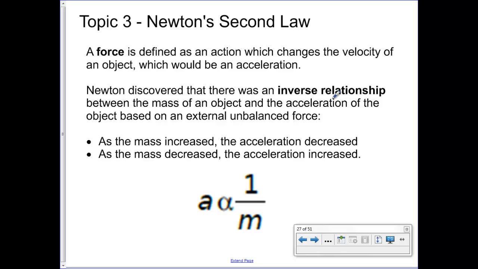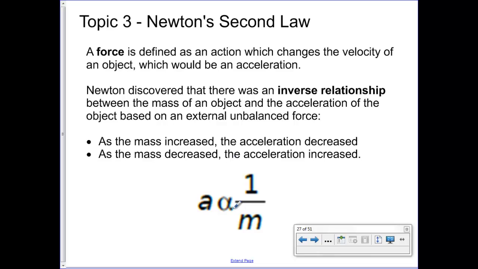Well, now there's more mass. Will I be able to actually push them as fast? Probably not. So extrapolate that to whatever you're thinking of, like pushing a boulder. The heavier it is, the harder it will be for you to get it to accelerate. Does that make sense? So that's called an inverse relationship. If mass increases, acceleration will decrease. Or if mass decreases, acceleration will increase.